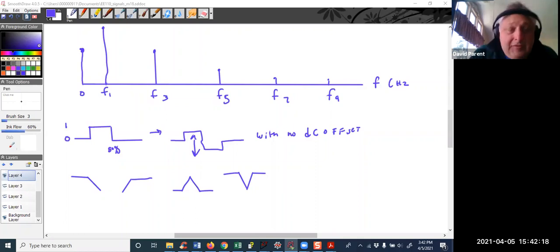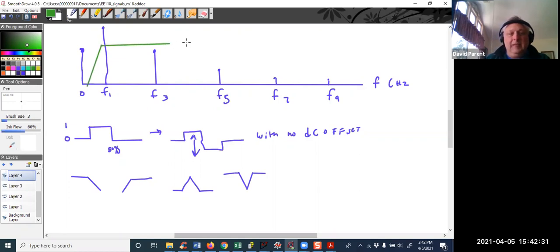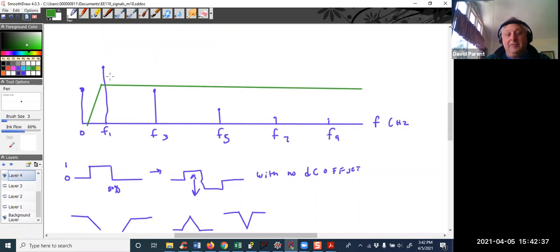Okay, so let's just draw it the way I drew it. It looks like I'm cutting this off, but really, that's just a constant amplitude.